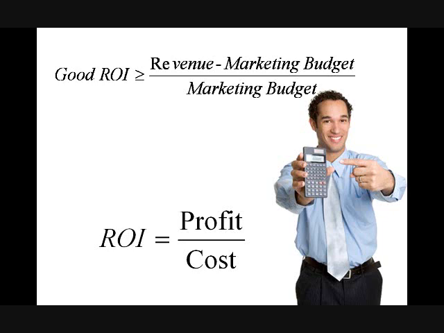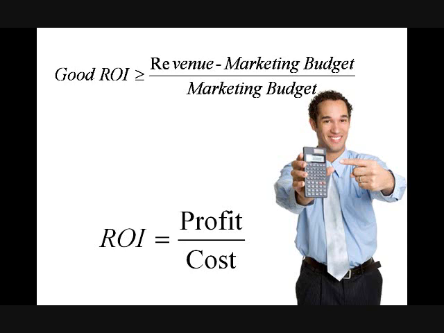What this reads is your good ROI is at least as large as the revenue you generated from a particular marketing effort minus the budget for that marketing effort, which is more realistically the amount that you actually spent on it, divided by the marketing budget. If you keep this in hypotheticals, say, what is the revenue goal for this marketing effort minus the budget allotted to it, divided by the marketing budget, and you give yourself an ROI threshold, this formula will tell you what a good ROI is and what a bad ROI is.